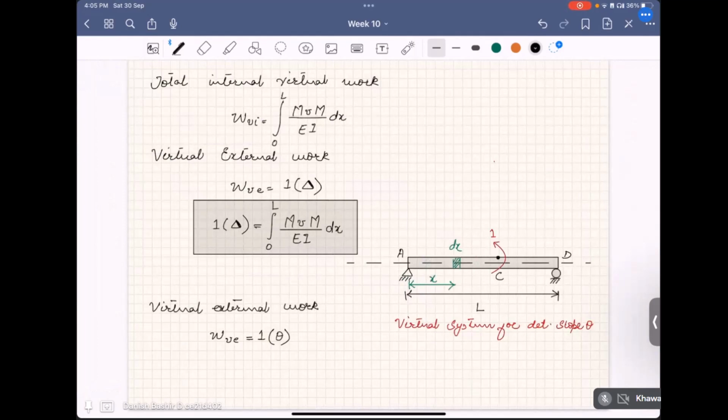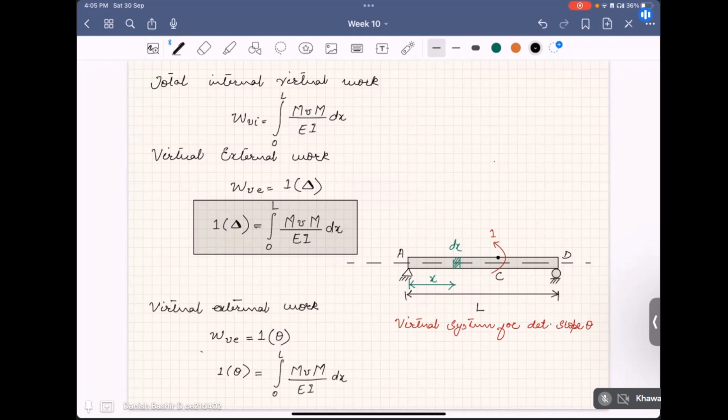So 1 times theta. Using the virtual work principle, we get 1 times theta is equal to the same internal virtual work: mv, the virtual moment, times the real moment m, divided by flexural rigidity EI, times dx.